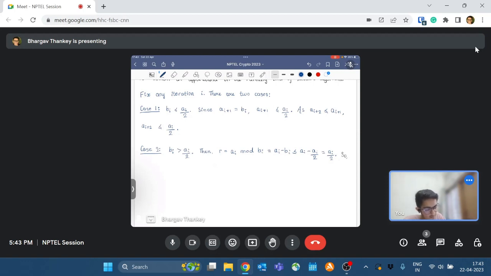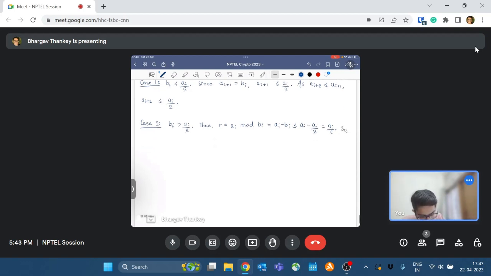So BI plus 1 is less than or equal to AI over 2. AI plus 2 equals BI plus 1. So again, just as in case 1, AI plus 2 is less than AI over 2.